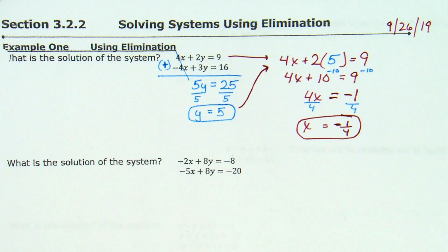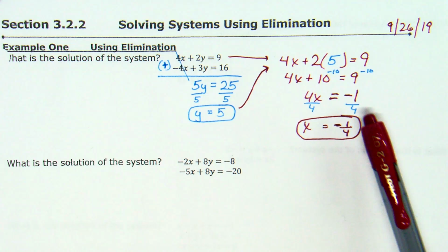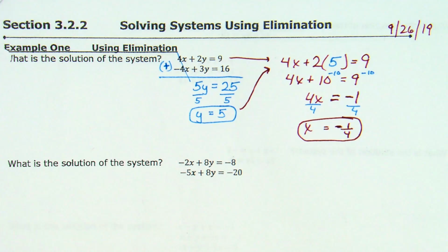Could you have gone decimal if you really wanted to? Yeah, you could say negative 0.25. Could you say the answer is negative 4? No, because that's upside down. You're dividing, the 4 is underneath. When that bigger number's on bottom, it stays that fraction. And how did you express your final answer?